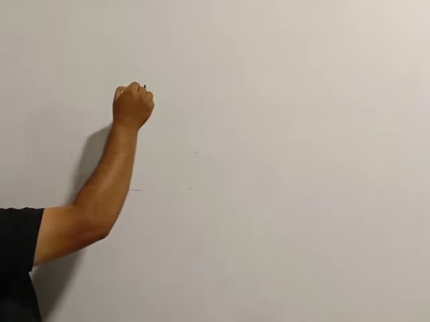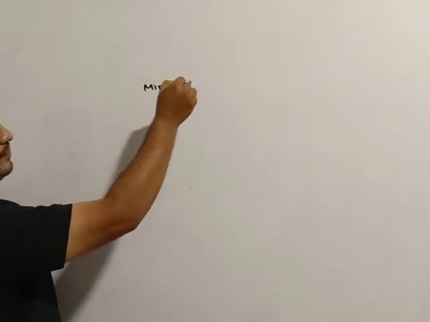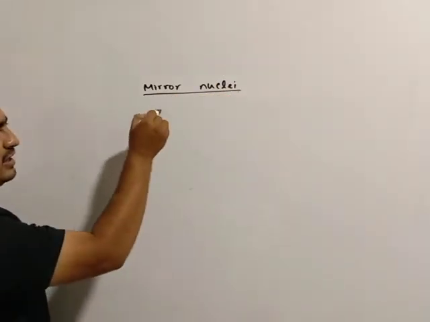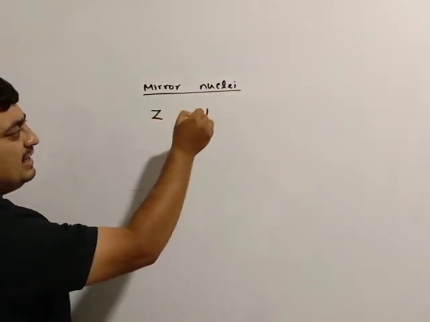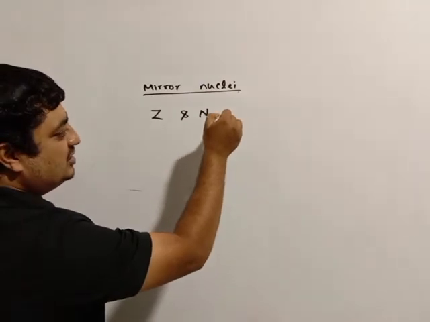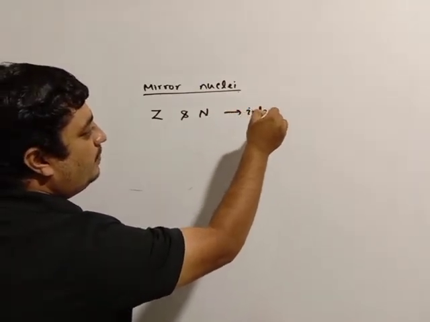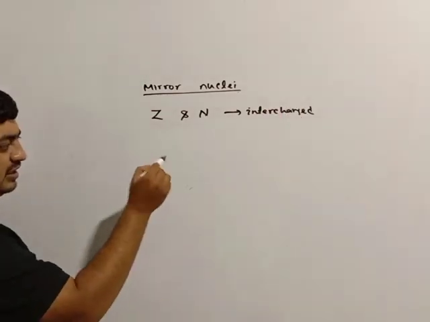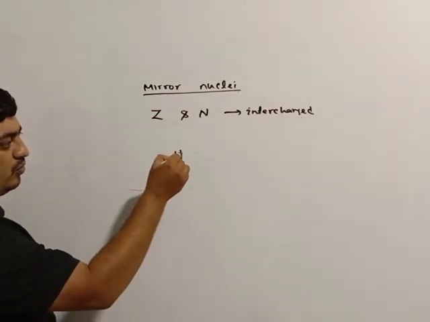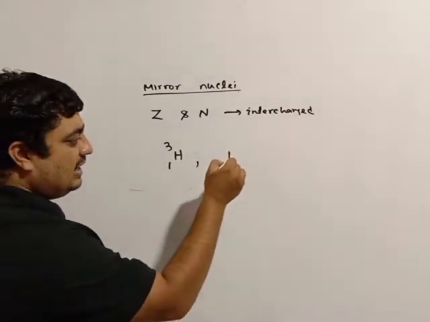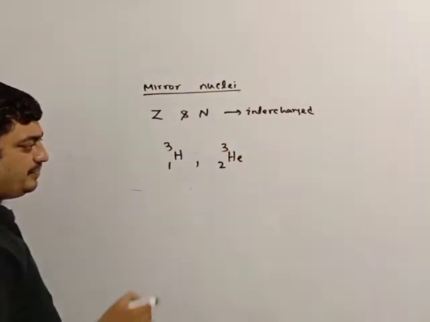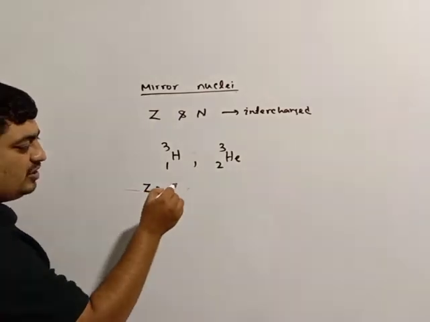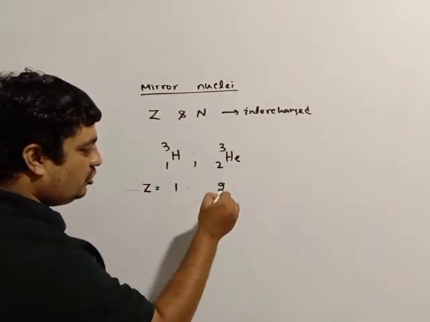Next one is mirror nuclei. Here Z and N are interchanged. For example, if we take 1H3 and 2He3, here the number of protons Z equals 1, here it is 2.